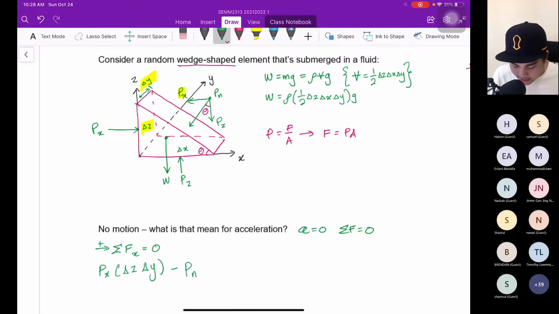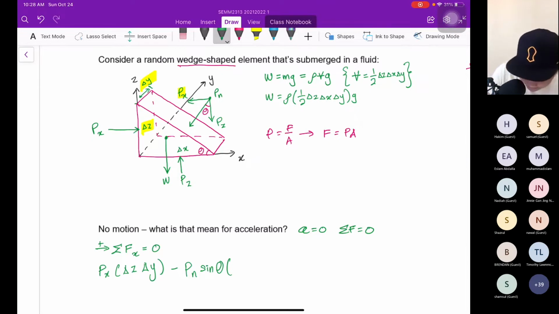Is it sine or cos in order to get this theta to the x? Sine, perfect. Sine theta, times the area of this face, which is delta y multiplied with delta s.